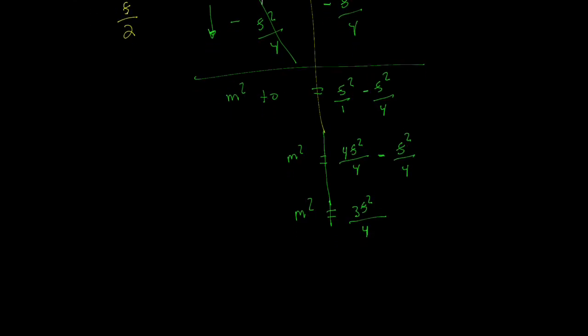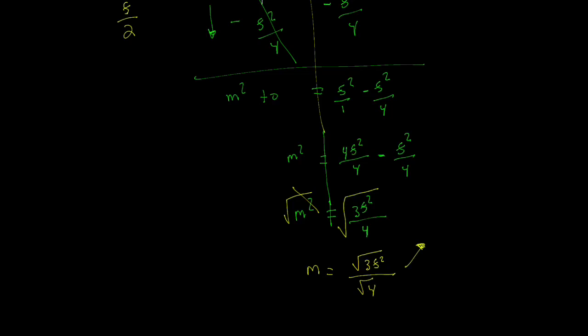And now to get rid of the square, I'm going to take the square root on both sides of the equation. We're square rooting everything. So here the square and the square root cancel. So I'm going to get M equal to, and here I'm going to distribute the square root to the numerator and the denominator. So I get the square root of 3S squared all over the square root of 4.